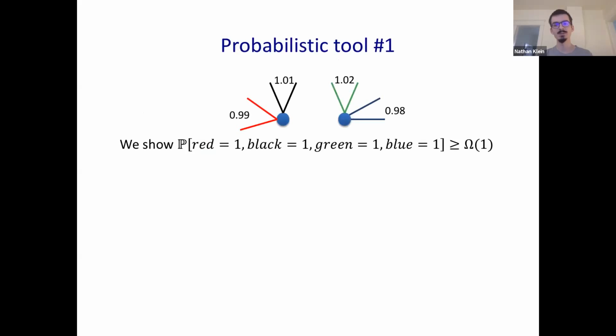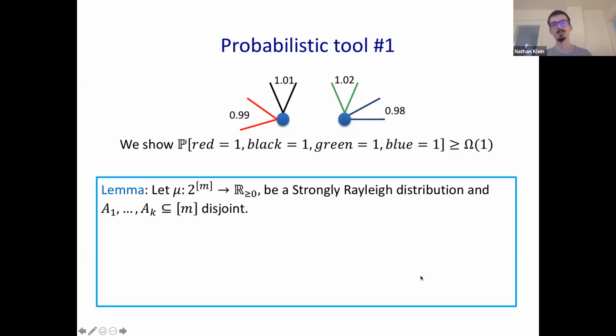Okay, so we first proved that for any k disjoint sets, each with expectation close to 1, there's a constant probability that each set has intersection 1 with the tree. So in this example, there's a constant probability that each color has exactly 1 edge. More formally, we prove a generalization of a lemma from a paper by Gurvits from 2006.